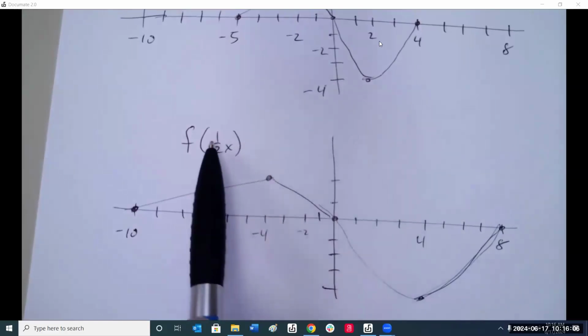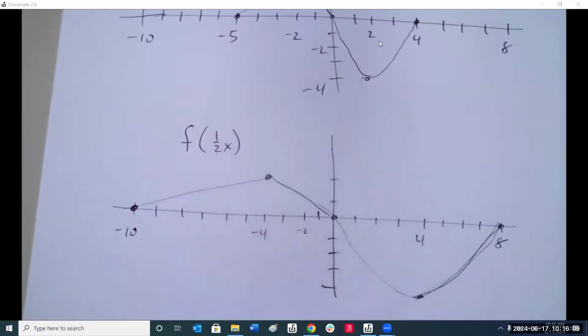So far, so good, because if it's a fraction, I multiply each value of x.